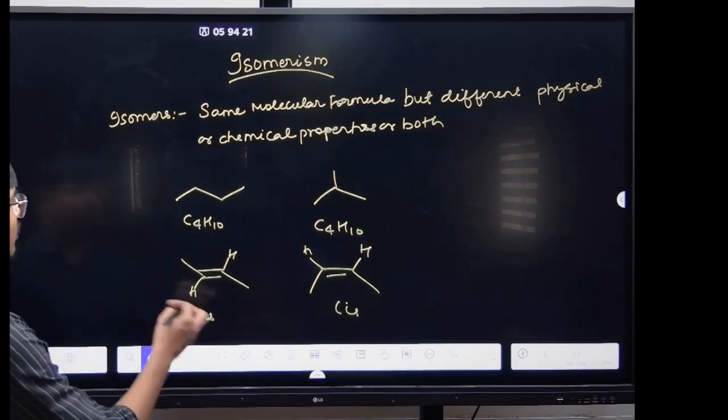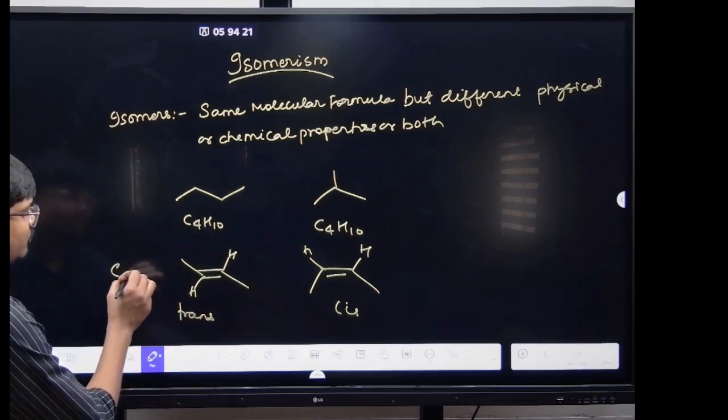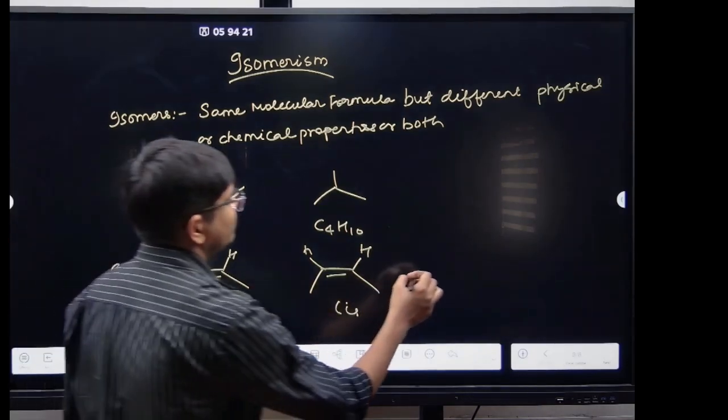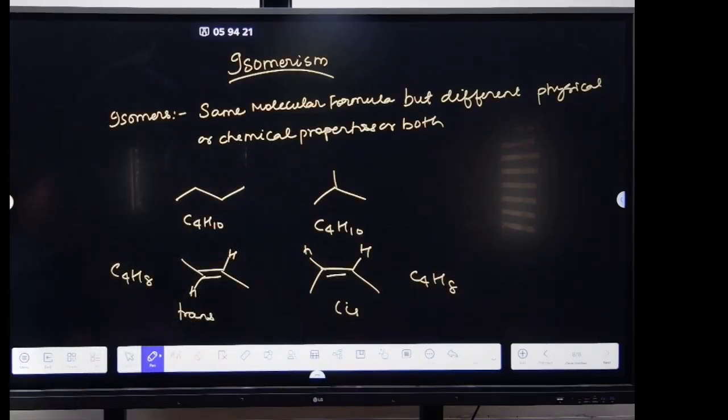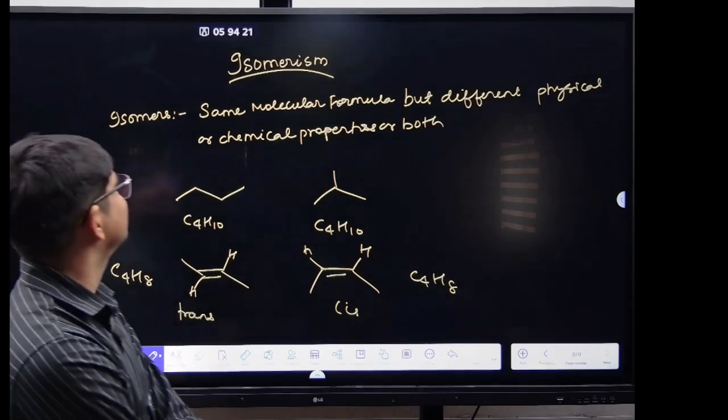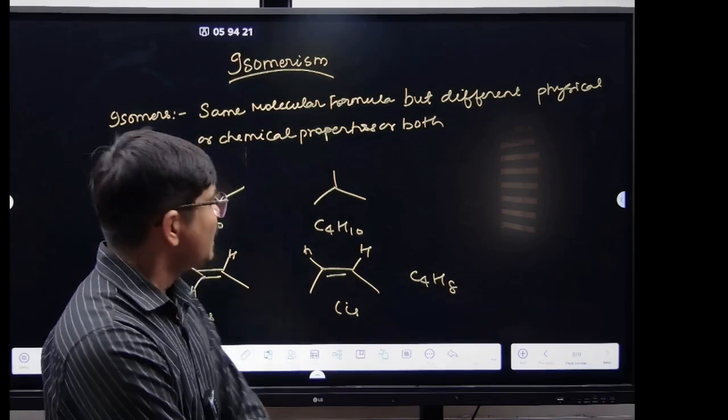What is the molecular formula here? The molecular formula here is C4H8. Here the molecular formula is also C4H8. But still both are different, and hence these are trans and these are cis. Got it? Trans and cis are isomers.